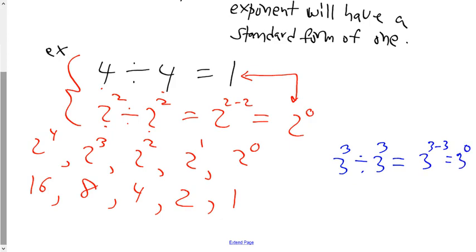Riley, do you agree? Okay. If I don't use my law, if I just simplify with BEDMAS, 3 cubed is what number? 27. We've now done it a few times. And then 3 cubed is 27. Any number divided by itself is 1. So we've now proven that 3 to the exponent of 0 would also have a standard form of 1.